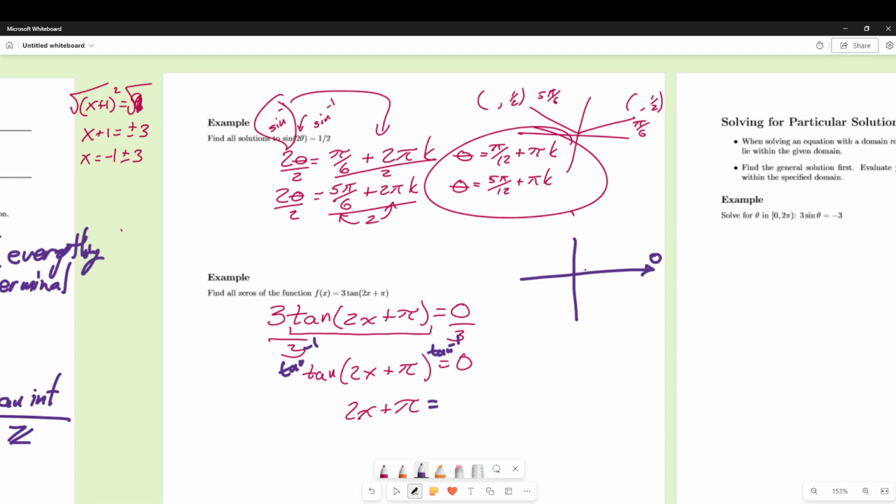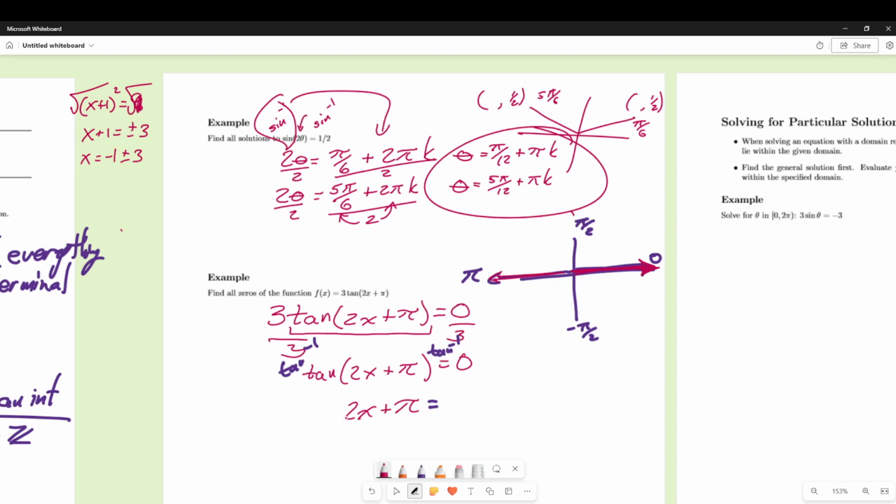That's the answer within our restriction from negative pi over 2 to pi over 2. But also, it's 0 over here at pi. So we get one solution, just like we did for sine, one solution within our restriction, and one solution that's still in the first rotation, but is outside of our restriction.